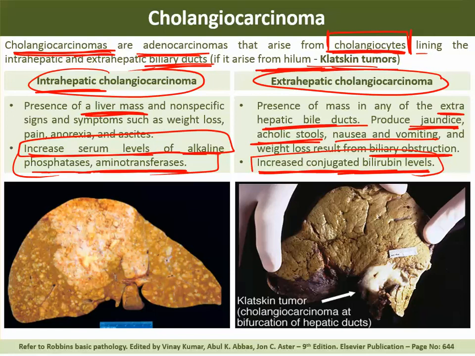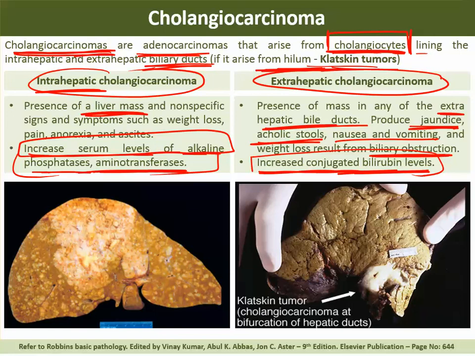So if the tumor comes intrahepatic, it produces a mass effect in the liver. It will destroy the liver cells and liver enzymes will be elevated. Hepatic injury enzymes like AST and ALT, and the bile duct enzyme, alkaline phosphatase, will all be elevated, and they also elevate the unconjugated bilirubin.